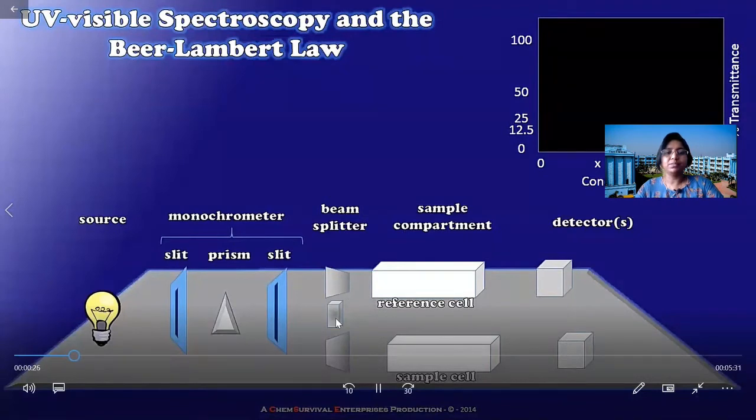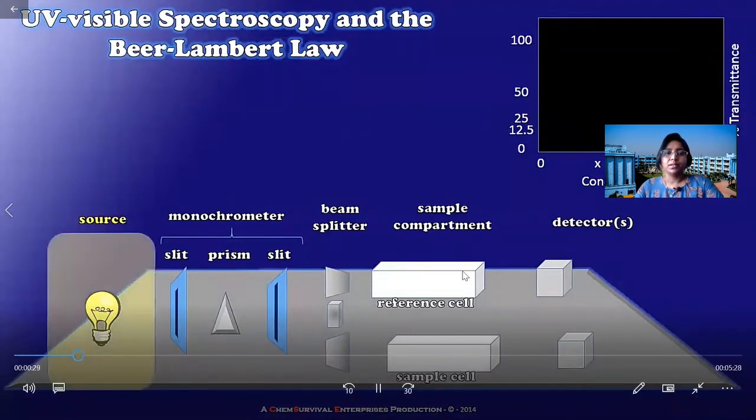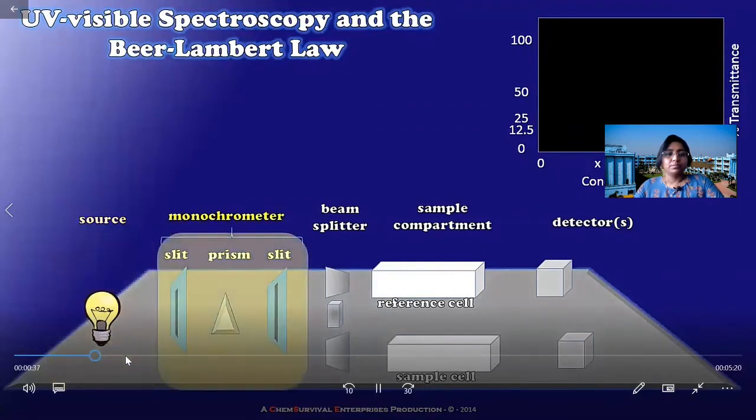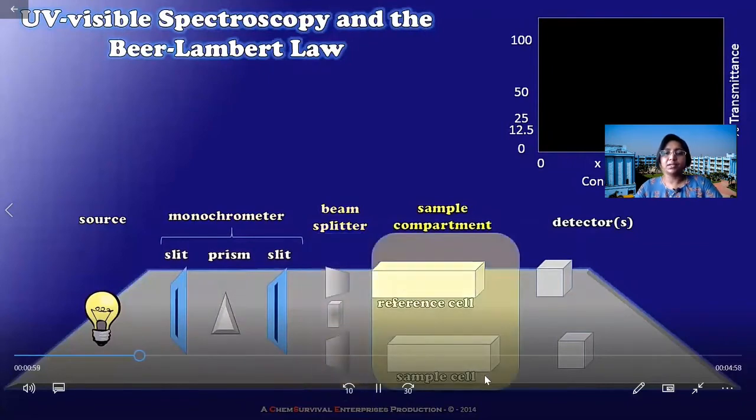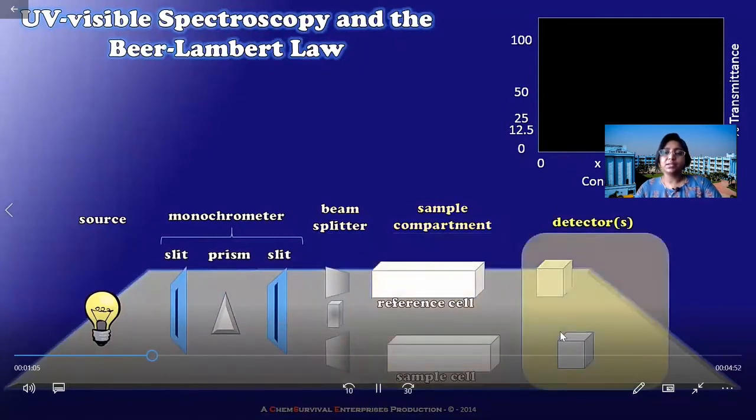Then the beam splitter, then the sample compartment. There are 2 compartments: one is the reference cell, another is the sample cell. And at last, the detector. It detects the current flow and shows it on the computer screen.